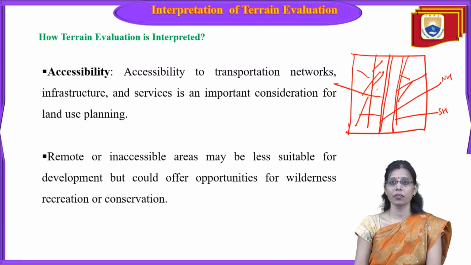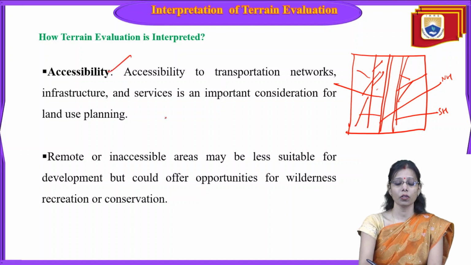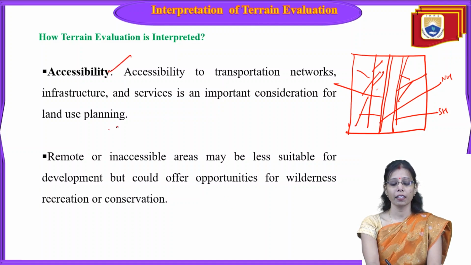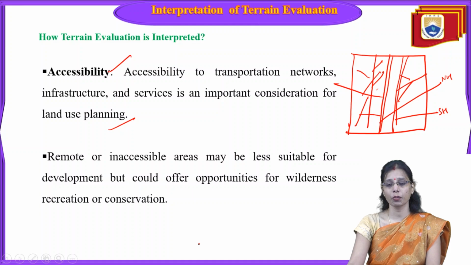And moreover, based on this accessibility, we can even interpret that this area is a plain area, because in a plain area only the accessibility will be more. In the hill areas, the accessibility will not be there. So that's how we can consider this factor also for land use planning.